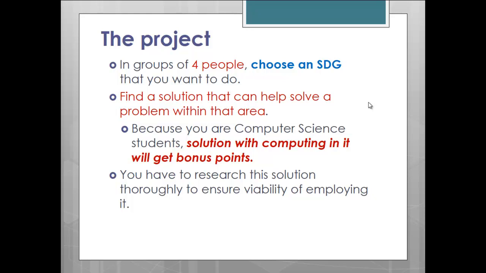You have to research this solution thoroughly to ensure viability of employing it. Viability means the ability for it to be done. Don't go and think about things in the future that we cannot actually do. It can be slightly in the future, say about 1-2 years, but the best thing would be what you can apply now to get it done.